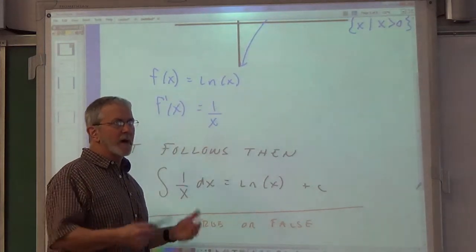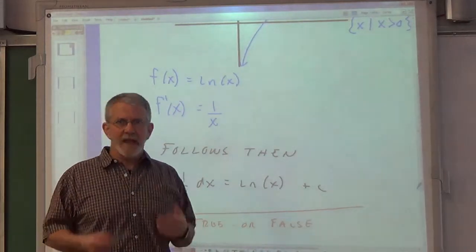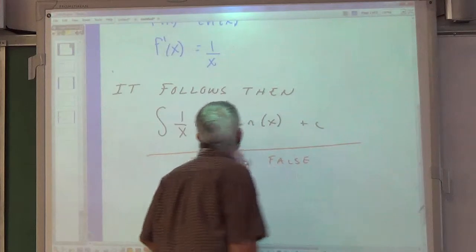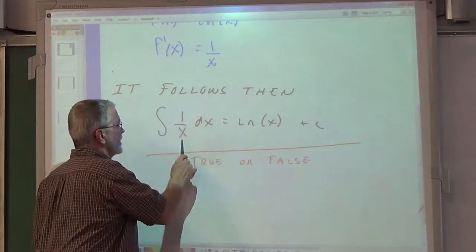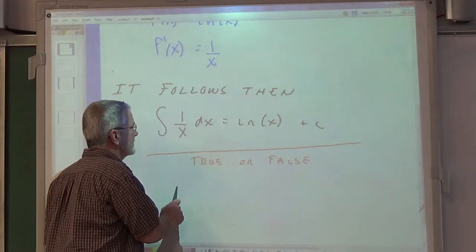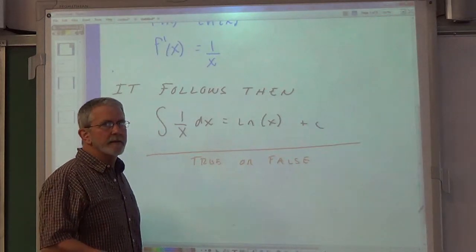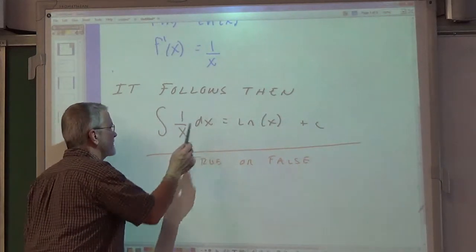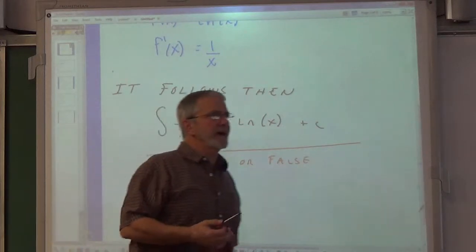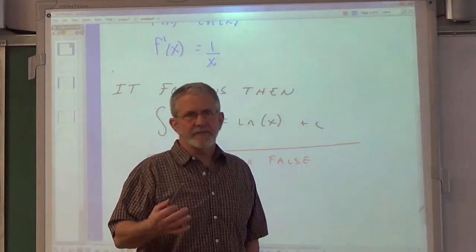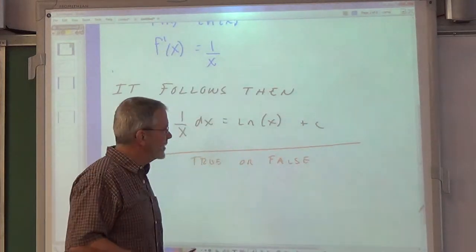Well, it certainly follows then, by the definition of the antiderivative, that the antiderivative of 1 over x would be ln of x plus c. The antiderivative of 1 over x dx is equal to ln of x plus c. That makes sense. Certainly follows from the definition of the antiderivative.